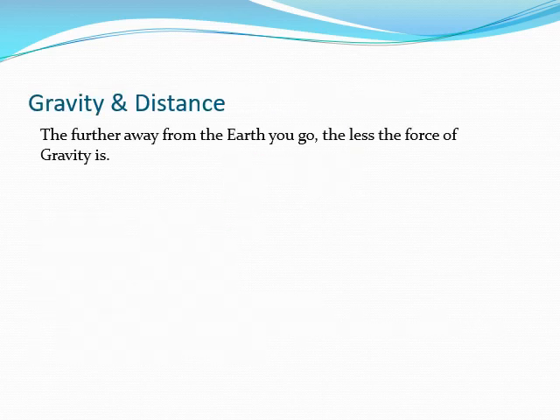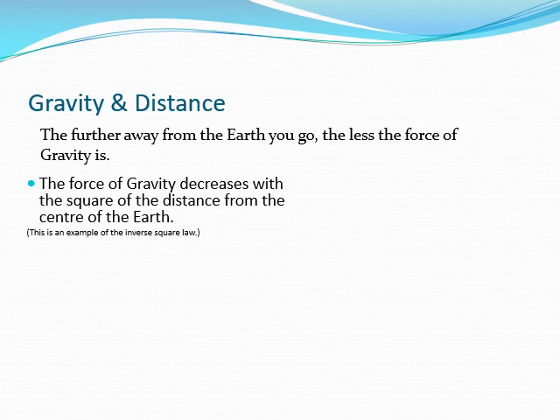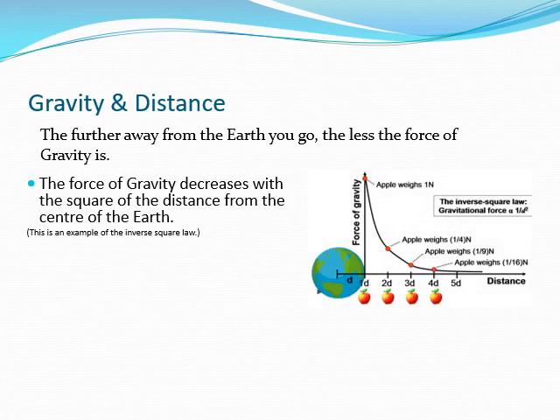So the further away you go from Earth, the less the force of gravity is. So far, when we're looking at gravitational fields at National 5, we've assumed that they're constant, whereas in reality, they change with distance from the Earth. So the gravitational field strength at the top of Everest will be less than the gravitational field strength at sea level as a result of this. And the force of gravity decreases with the square of the distance from the center of the Earth.